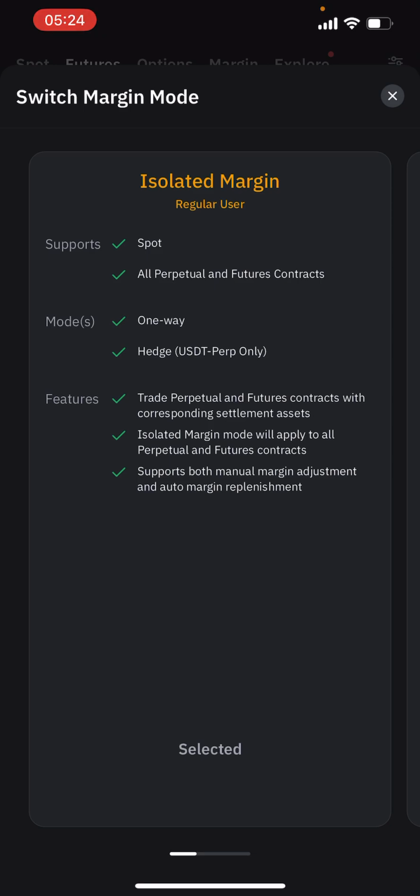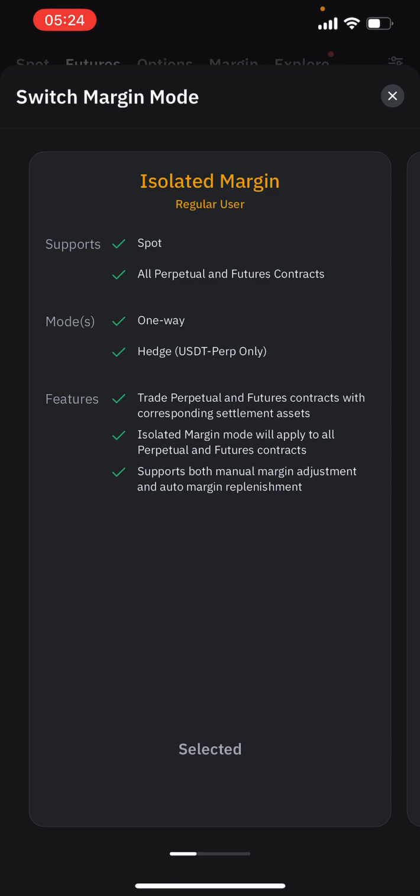There is a difference between them though. In isolated mode, you'll be able to place a trade with a particular amount of money. So on a particular trade, if you are risking $50, you won't lose more than $50.